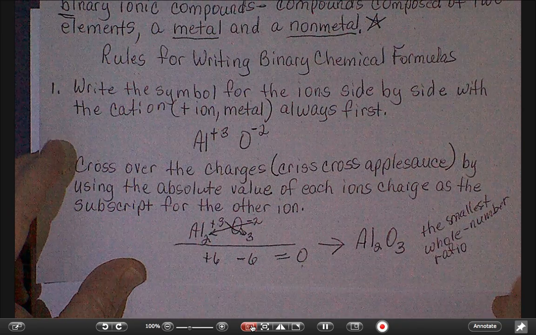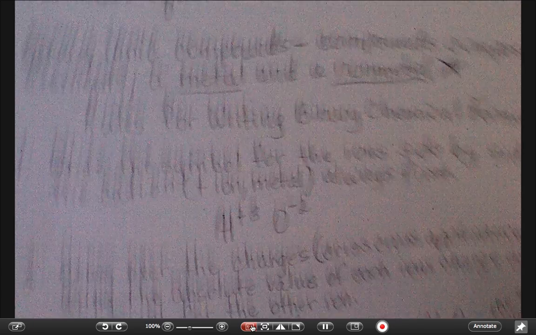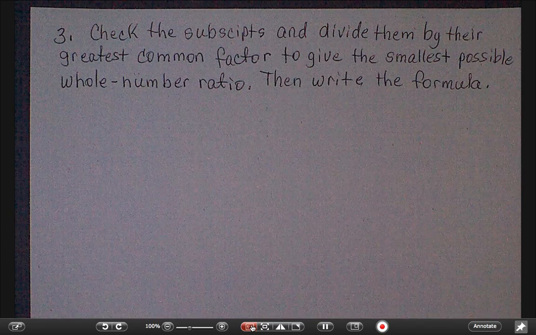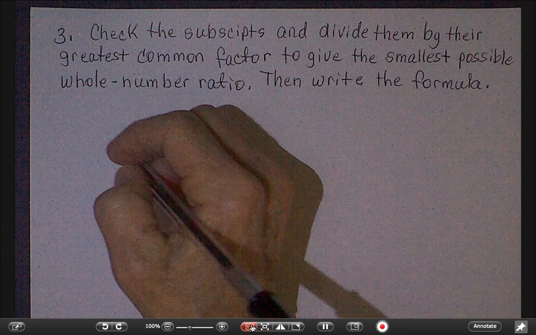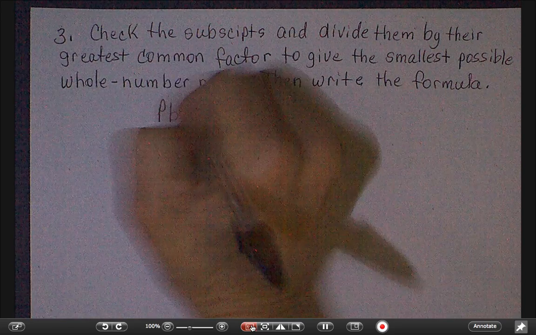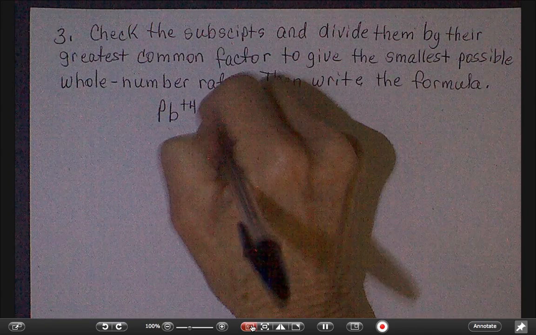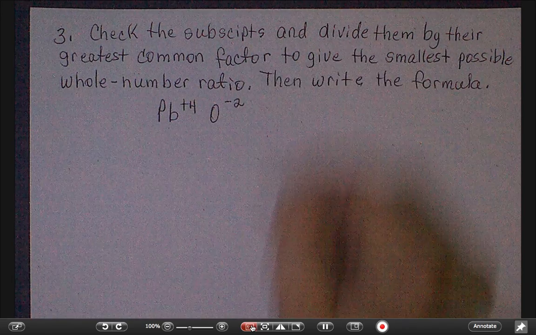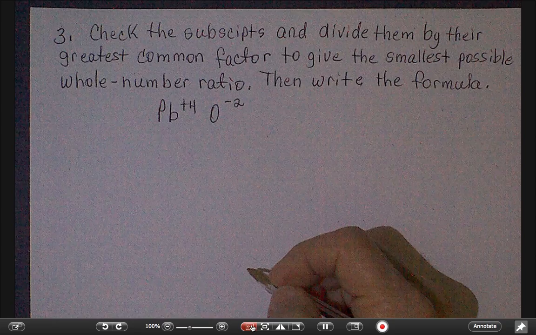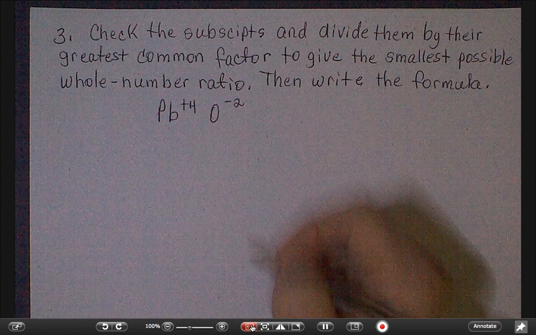Now I'm going to do an example that is going to cause us to do what it says in number 3. Factor. Okay, so let's look at Pb, which is lead, plus 4, and oxygen, negative 2. Can you already see that you're going to have a factor situation? Yeah. Okay.